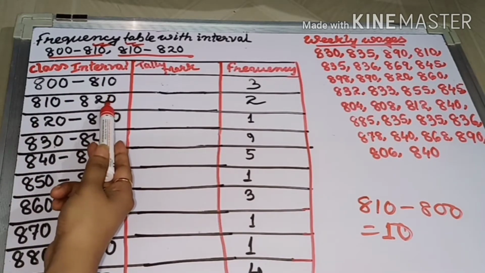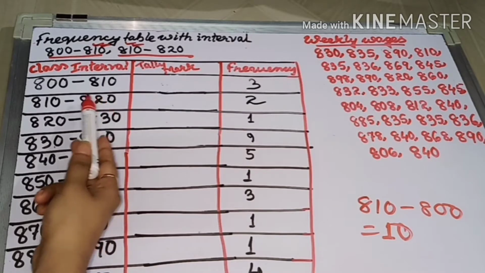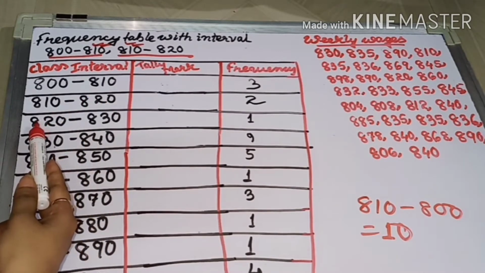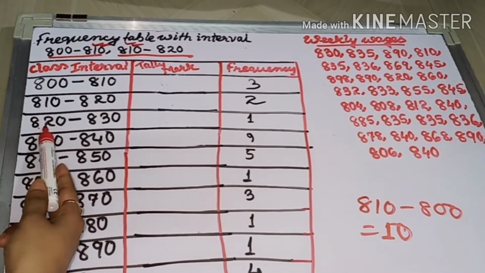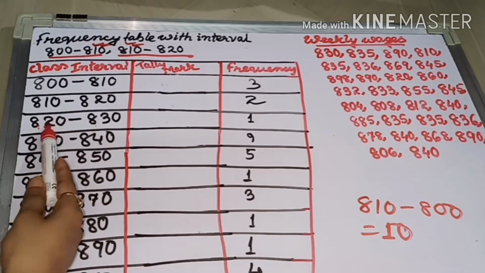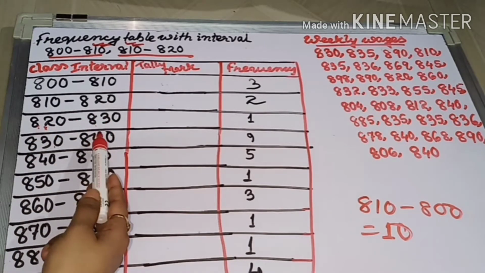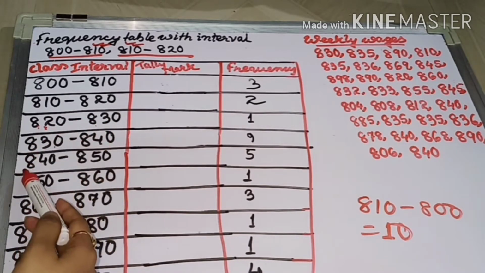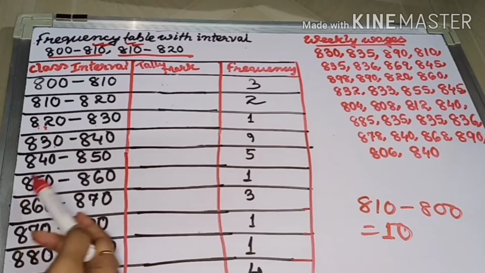For the third class interval, the lower limit should be 820 and the upper limit should be 830. That means the difference, the size, is only 10. Again the fourth is 830 to 840, fifth 840 to 850, then 850 to 860.